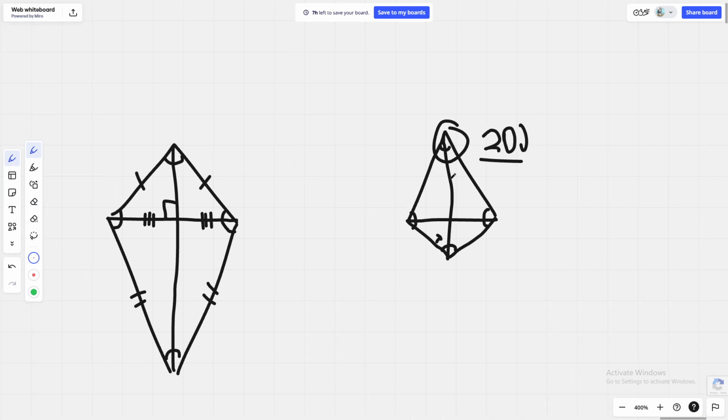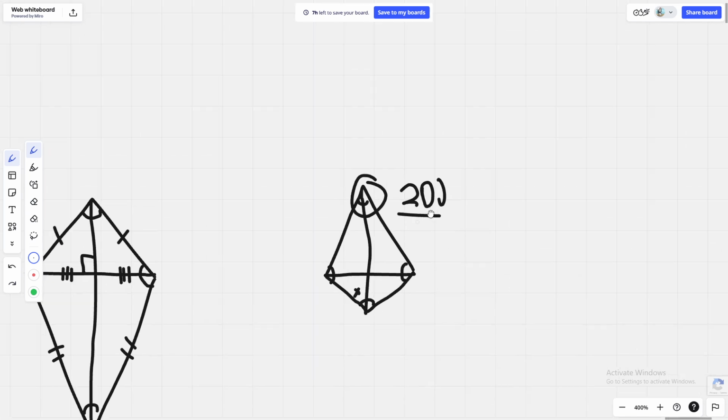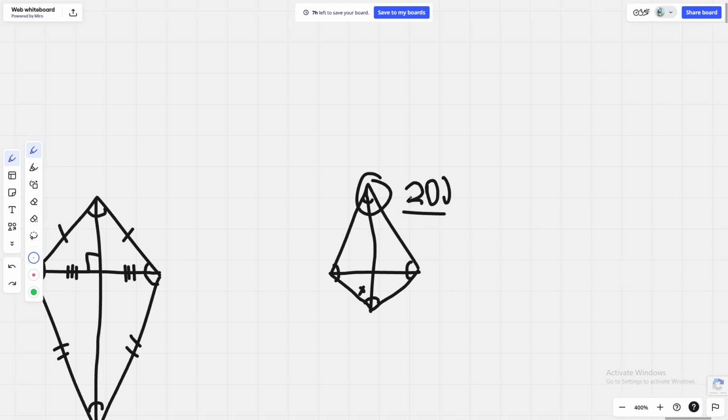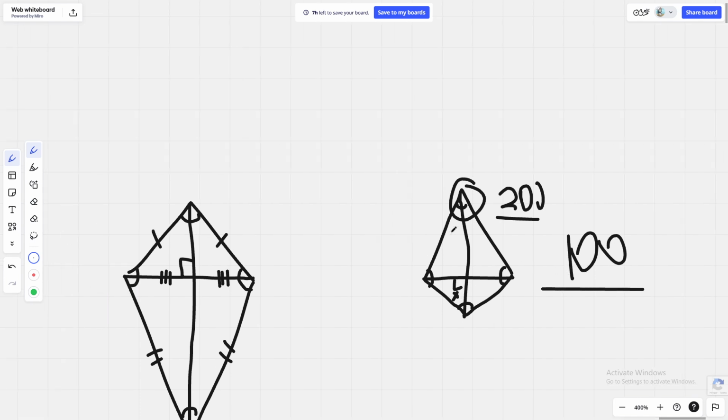Since we're only finding half of this angle, and it's bisected, it's obviously just 100.